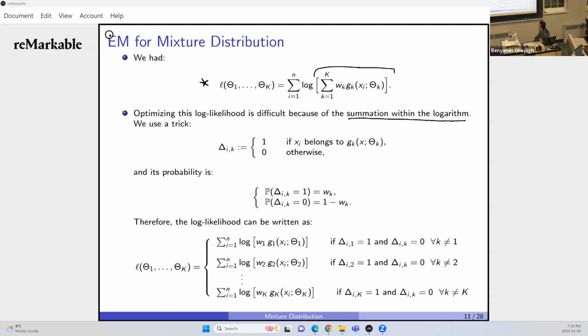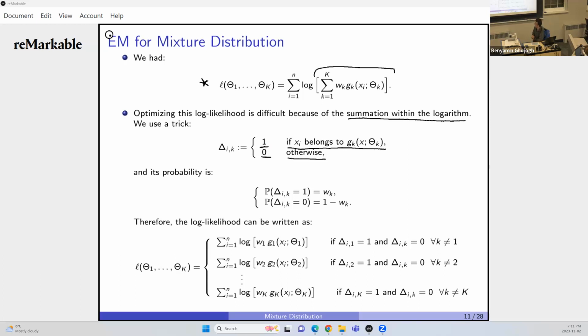This trick, I think, was first proposed by Hastie and Tibshirani in the Elements of Statistical Learning book. At least I have seen it there. So it's a good trick. Delta ik is defined as this. If xi belongs to gk, then delta ik becomes 1.